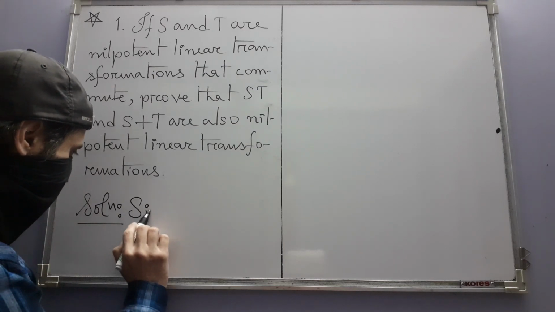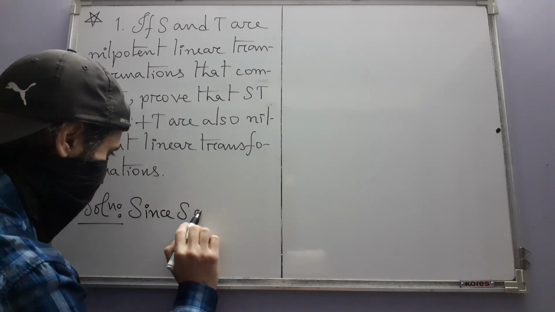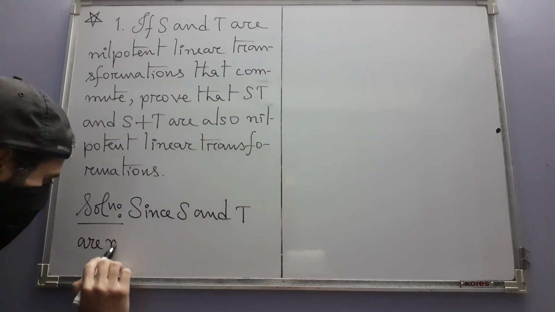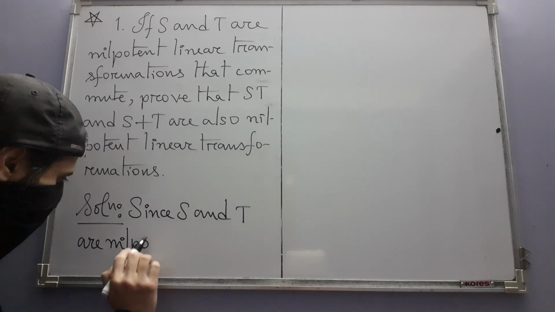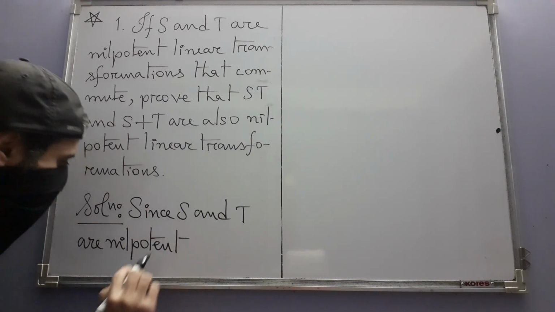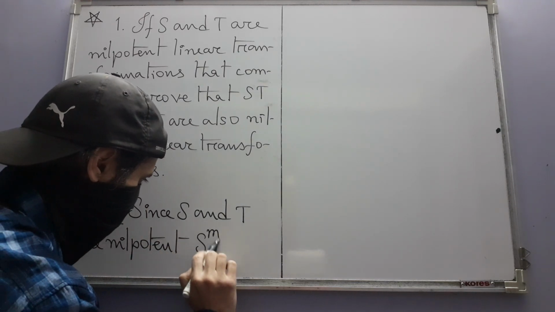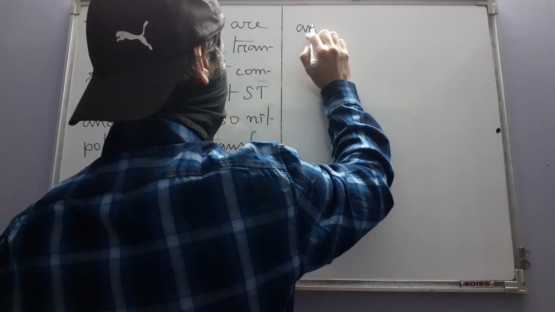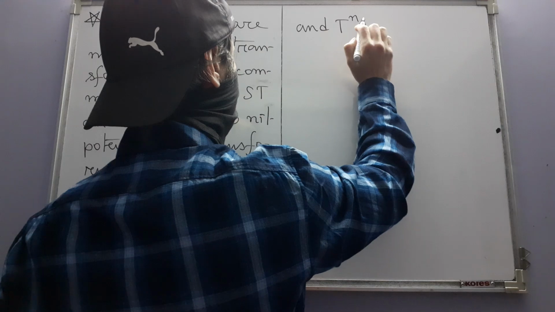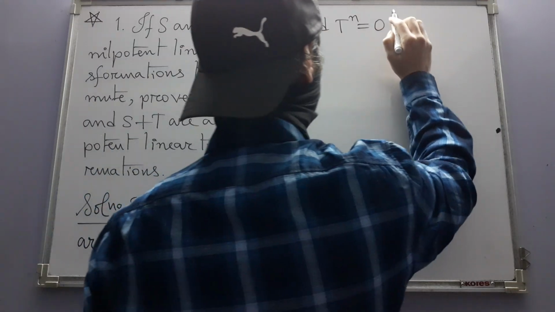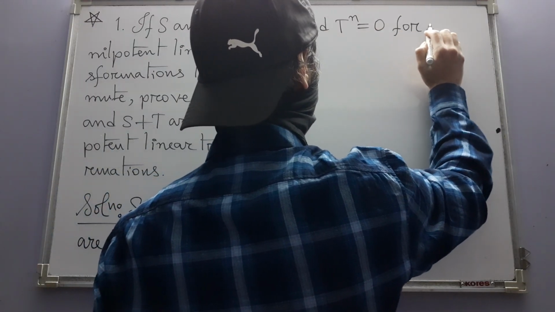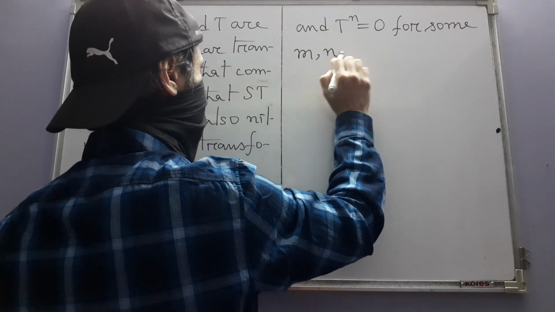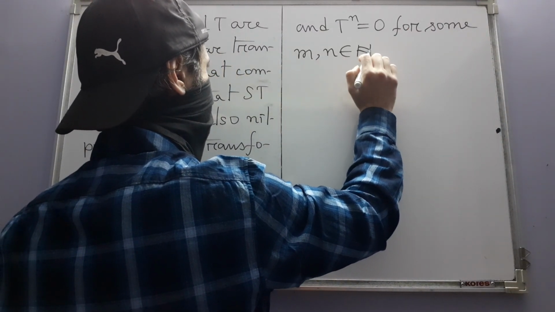Since S and T are nilpotent, S to the power m is 0 and T to the power n is 0 for some natural numbers m and n.